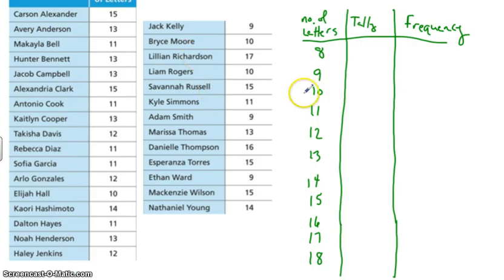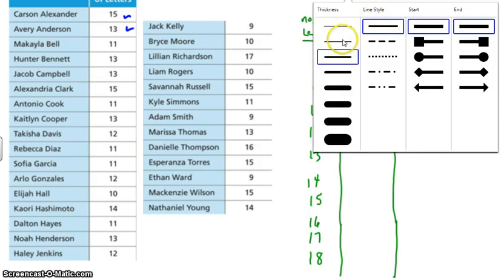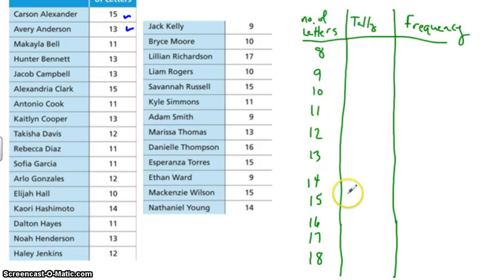All right, now it's time to start tallying things up. So we've got a 15 and a 13. Let me change the size of my line here. So 15 and 13, 11 and 13, 13 and 15.